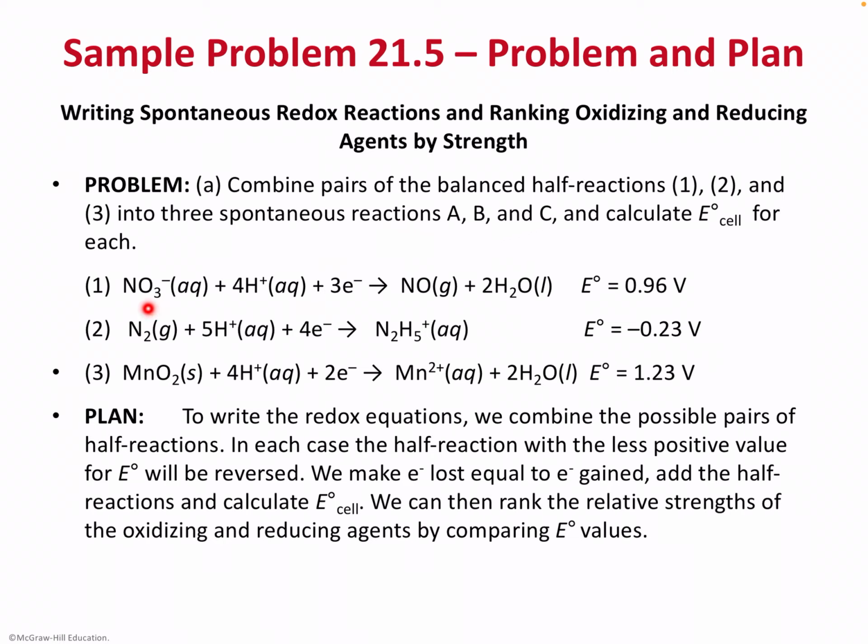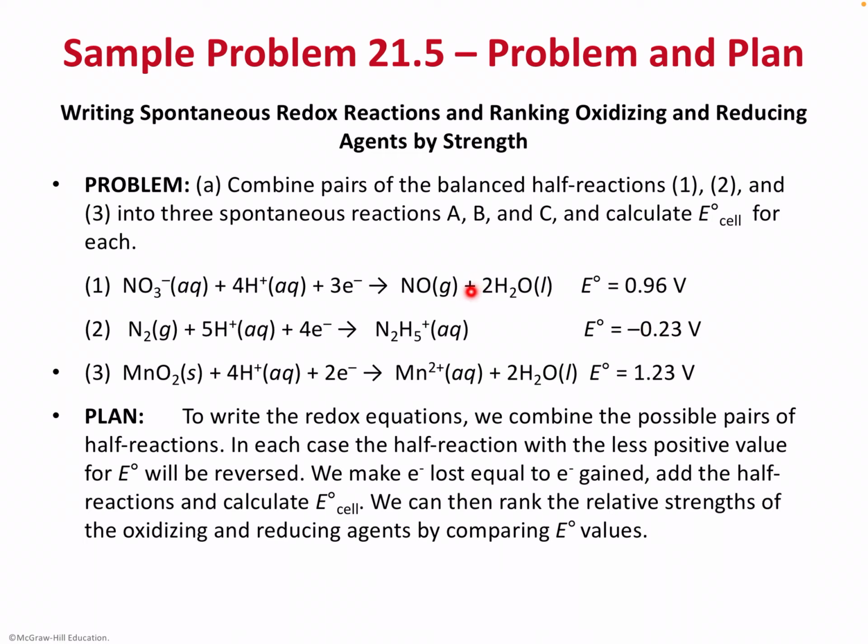So we can take 1 and 2 first, these two. If you're going to combine these two to make a spontaneous reaction, this one has E naught 0.96, this one E naught negative 0.23. Which one is going to be the oxidation? Which one is going to be the reduction? Remember, for the oxidation, we choose the one with the more negative value.